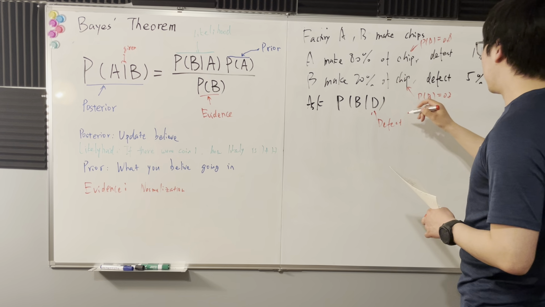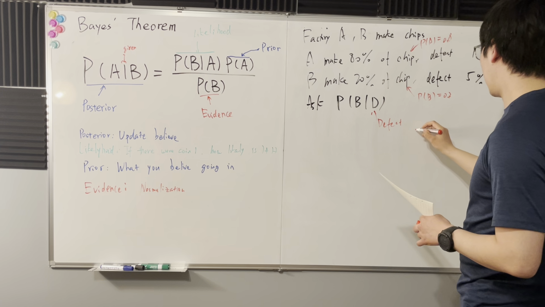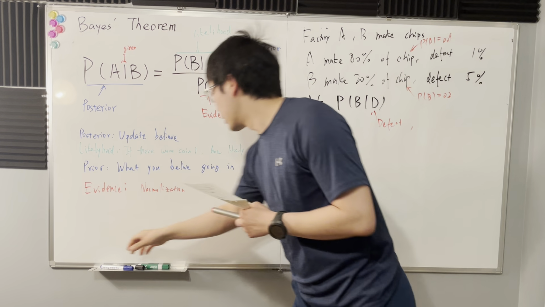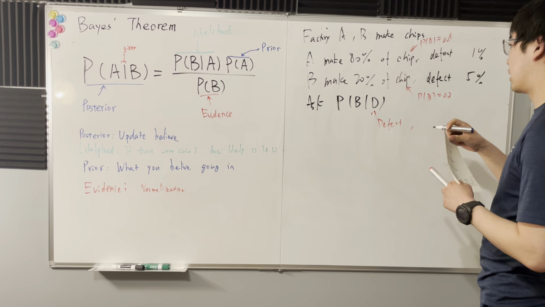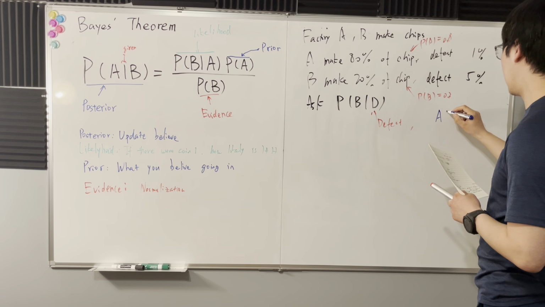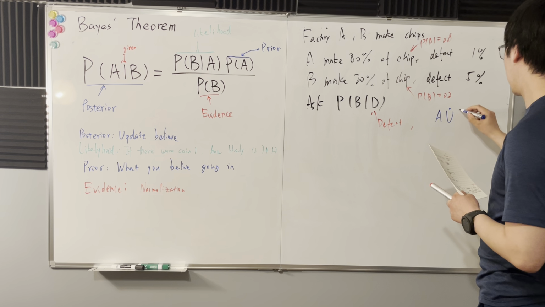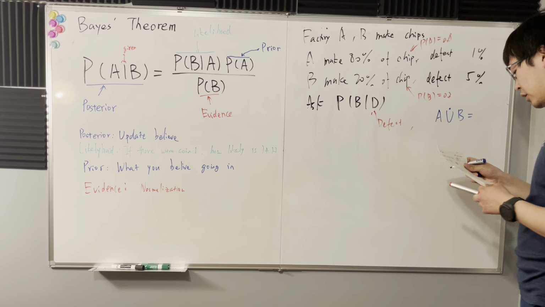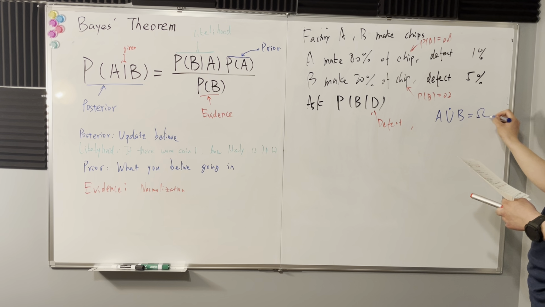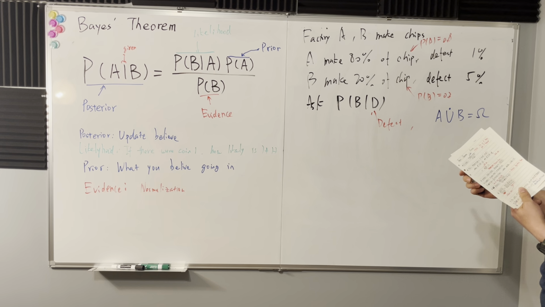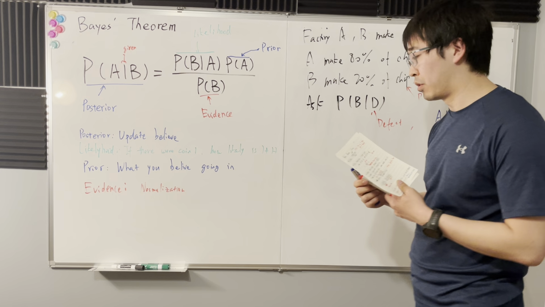It's implicit, but I would like to mention that the disjoint union is a full set because they make 100% of the total chips.